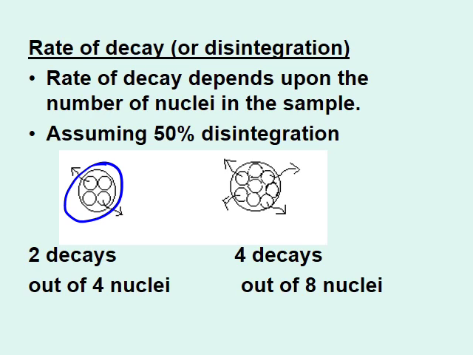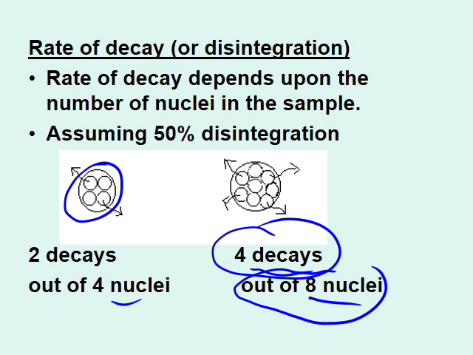Instead of having 4 nuclei, if I have 8 nuclei, you would expect 4 decays, as 50% disintegrates within a certain amount of time. That's our assumption. So what you see here is that as the number of nuclei is increased, the number of decays is also increased. So the rate of nuclear decay depends upon the number of radioactive nuclei present in a sample.